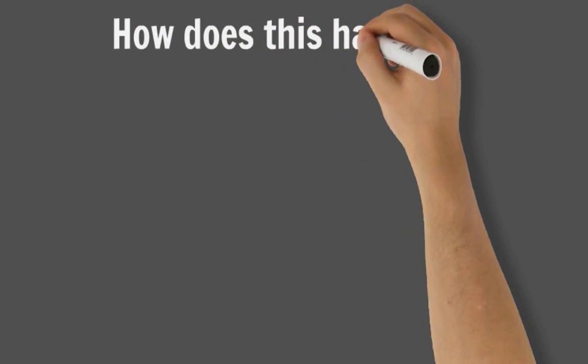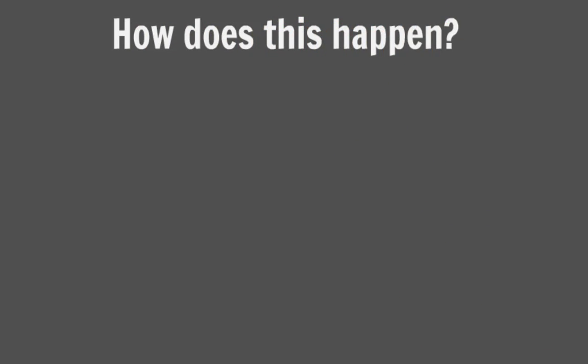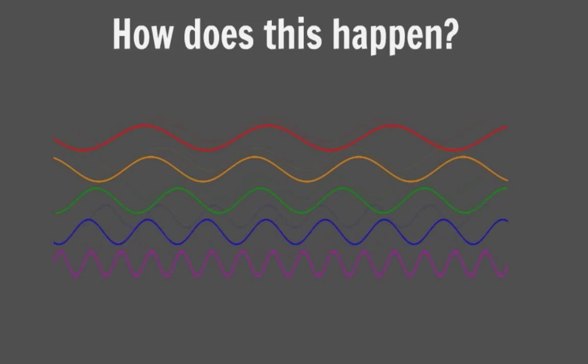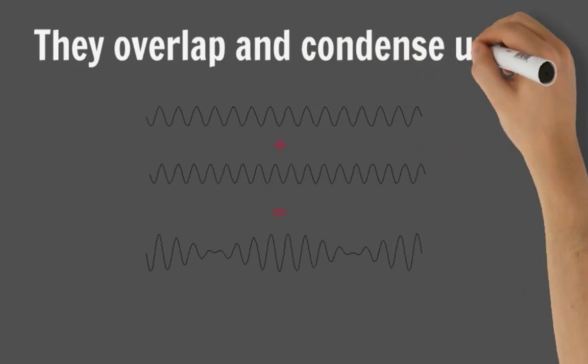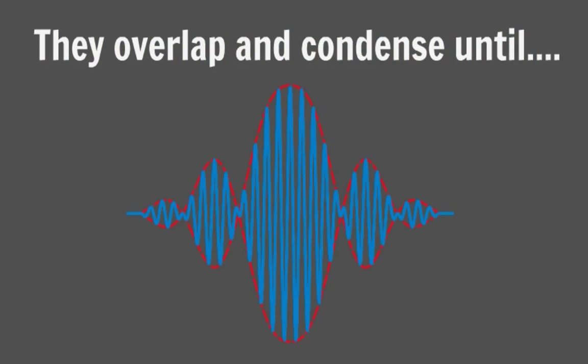So how exactly does a quantum object become both particle and wave, or exhibit a wave-particle duality, as it's referred to by the physics community? Well, say you have multiple waves, and you stack each wave on top of each other. Suddenly the ripple, or the area in which all these waves overlap, begins to condense, to the point where it forms a ripple package, which is condensed and contained in one small region.